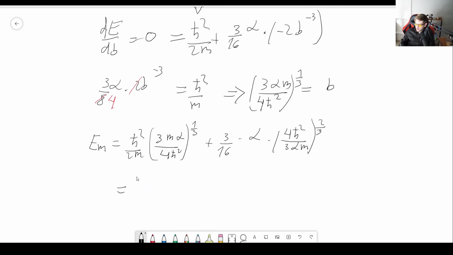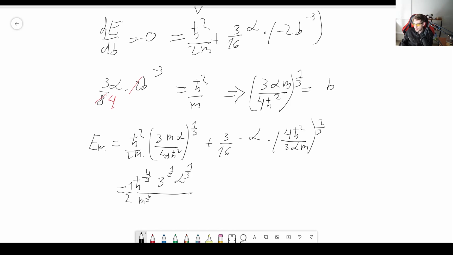Yeah, so this is h bar to the 4/3, I believe. There's nothing to contest this 3, so we get 3 to the 1/3, nothing new there. Then we get alpha to the 1/3. And what else? Here we get, well, the 2 can stay outside, so 1/2. And then we have m to the 2/3.